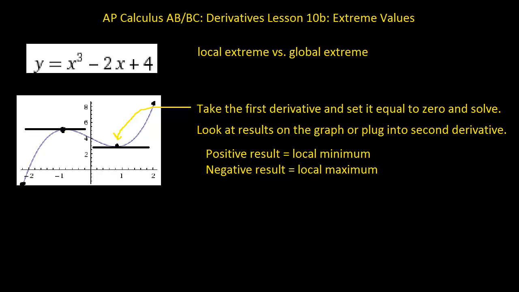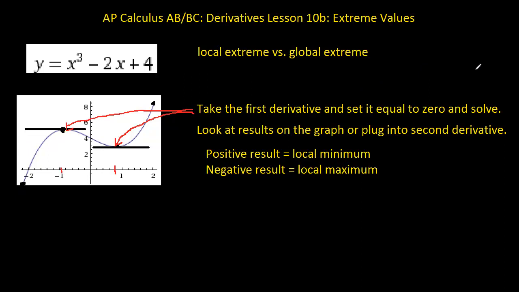This gives you these values. It tells you where they are on the graph, so you can find those points. And then, using the second derivative, you can figure out whether these are at the tippy top of a local curve here or at the bottom of the local curve.